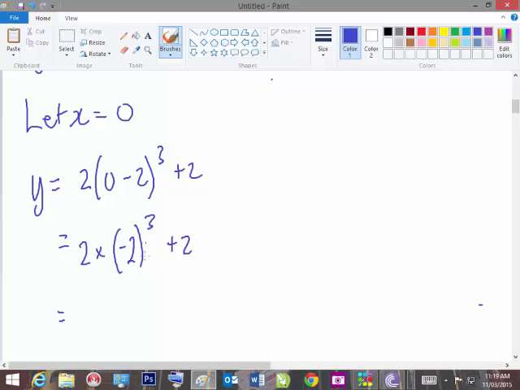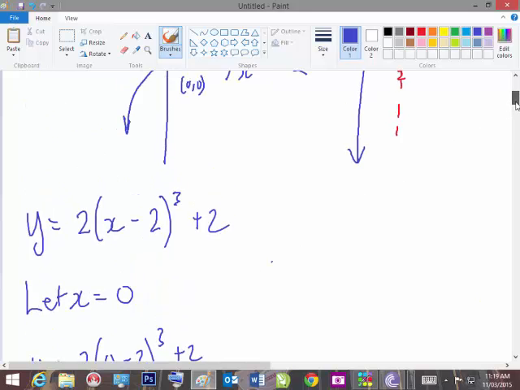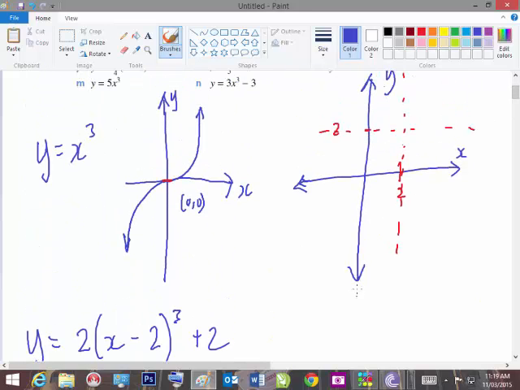So negative 2 cubed is negative 8, times 2 is negative 16, plus 2. So we'll be crossing the y-axis at negative 14, somewhere down here.